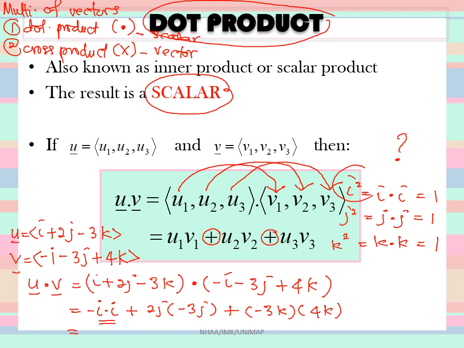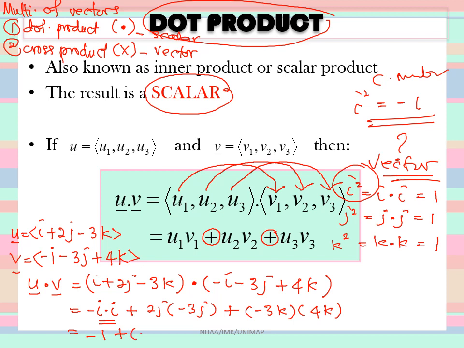For i squared here, don't get confused with complex numbers. In complex numbers, i squared is equivalent to negative 1, but for vectors, i squared is equivalent to 1. So here it is minus 1, plus this is negative 6j squared, so you get only negative 6.